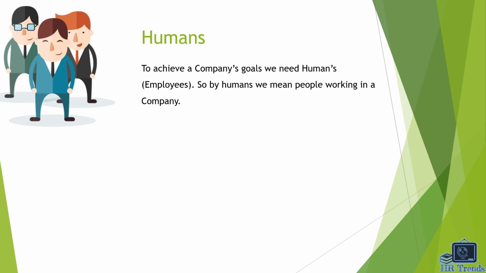I'm sure that you all know what humans are, but still, from the perspective of an organization, we can take a look at the definition of humans. So the definition is, to achieve a company's goal, we need humans, employees. So by humans, we mean people working in an organization.